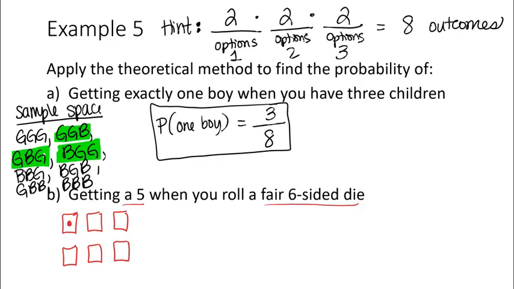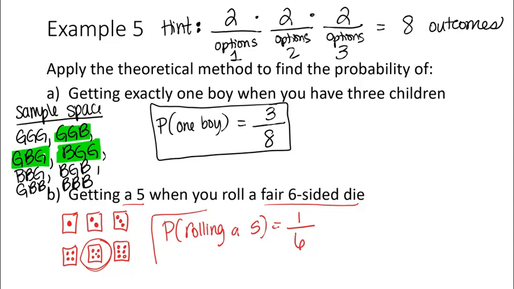On each face, there's a number of dots. 1 dot, 2 dots, 3 dots, 4 dots, 5, and 6. So if I'm looking at the probability of rolling a 5, there is only one option that has the number 5 on it out of the 6.